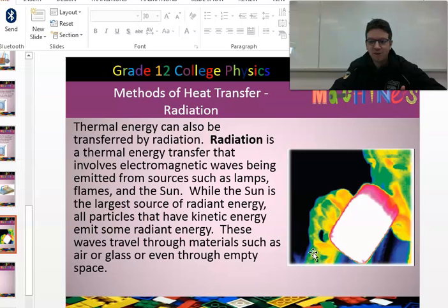That's why when you go camping, they have those emergency blankets, which are very shiny on one side. That tries to help reflect the infrared radiation back to you, and it tries to help stop you losing that heat.